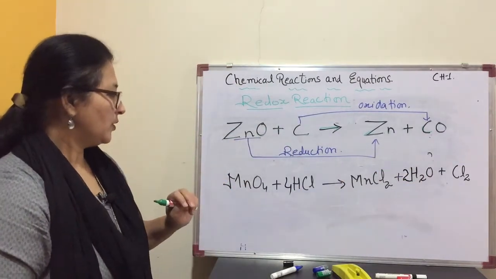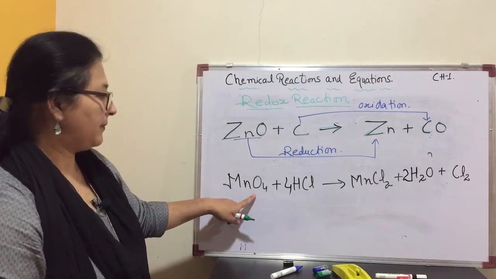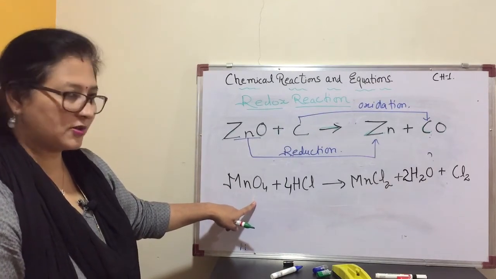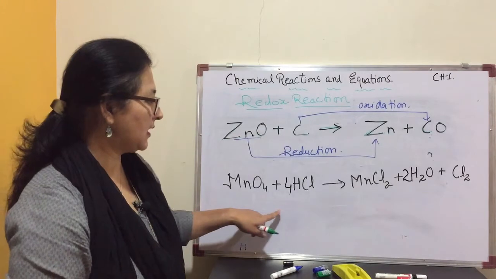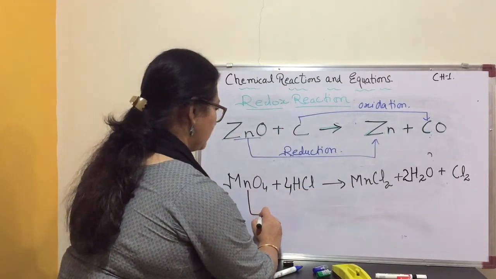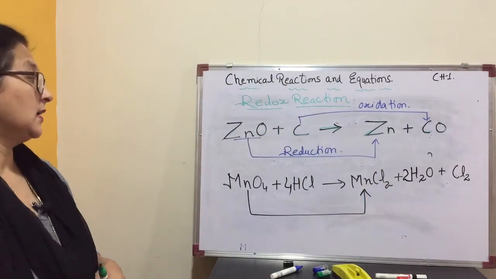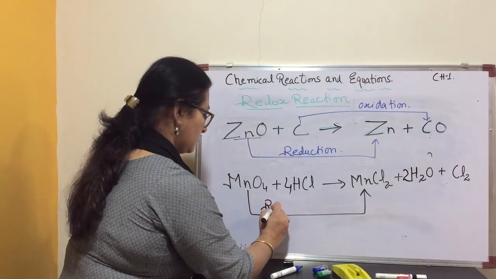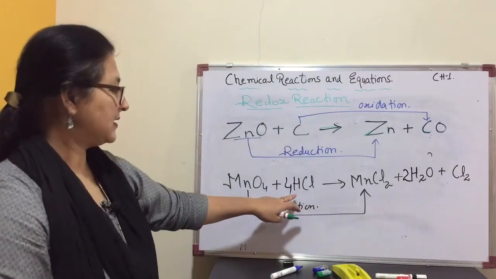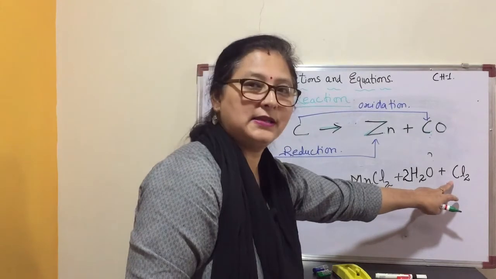Fine. Now what is happening to the manganese compound? It is losing oxygen and becoming MnCl2. Losing oxygen is what? Reduction. So this is a reduction reaction. Whereas HCl is becoming Cl2.